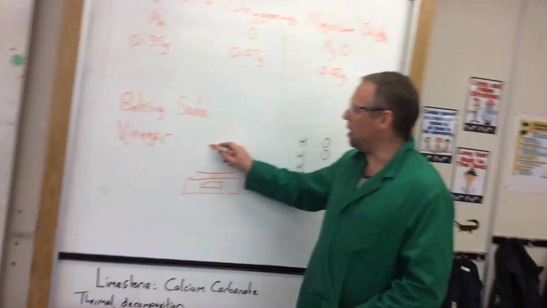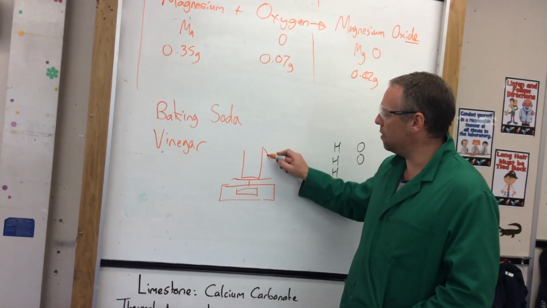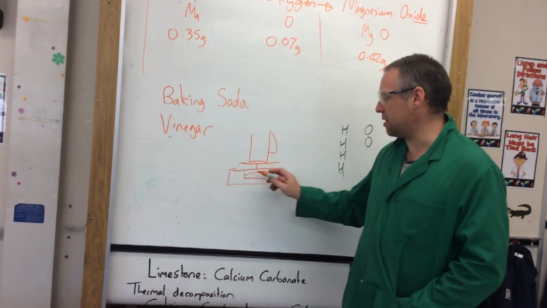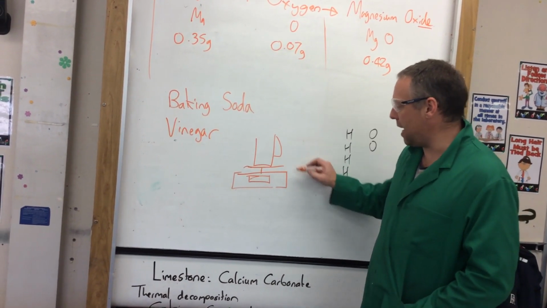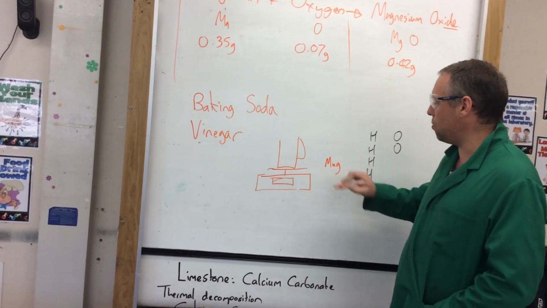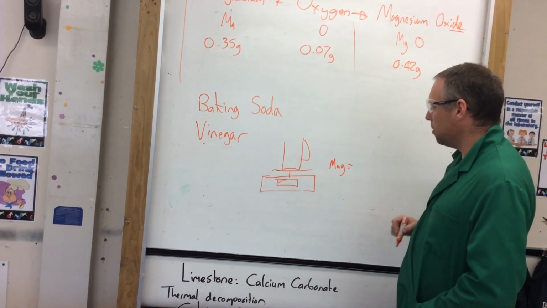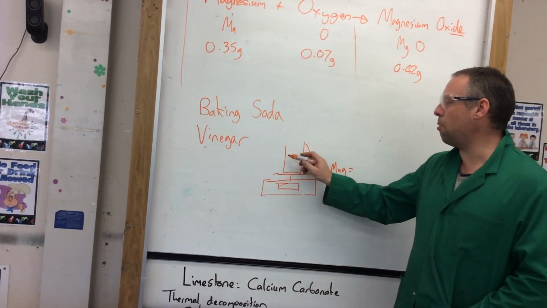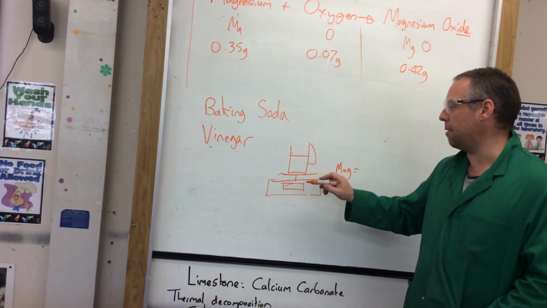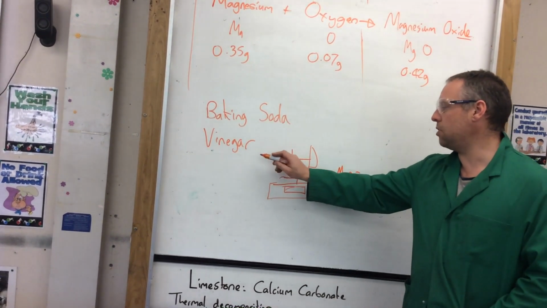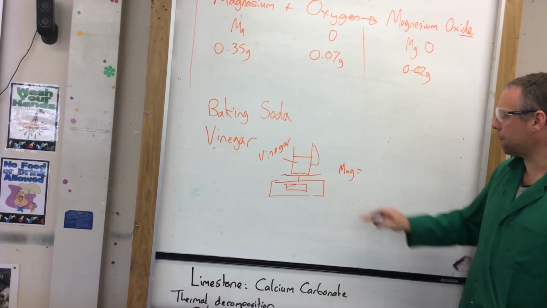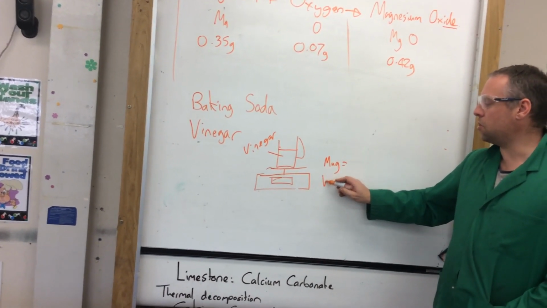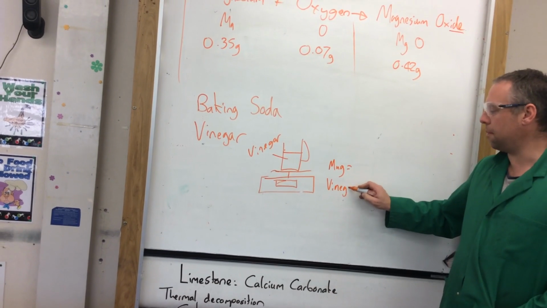So what you do is you're going to put a mug onto the kitchen scales. You're going to weigh that and measure the mass of the mug. You're then going to pour in the vinegar, and you are then going to work out the mass of the vinegar.